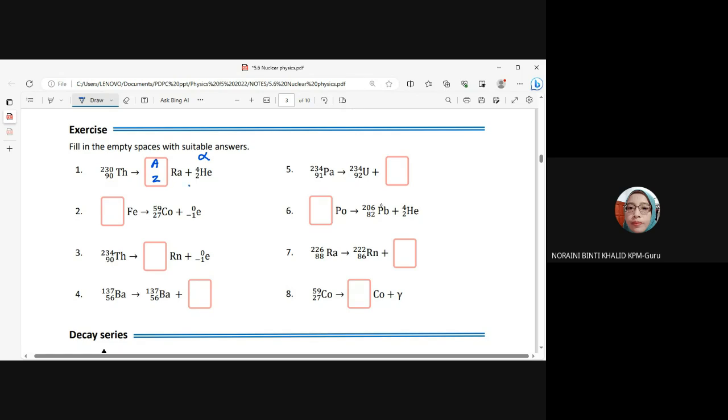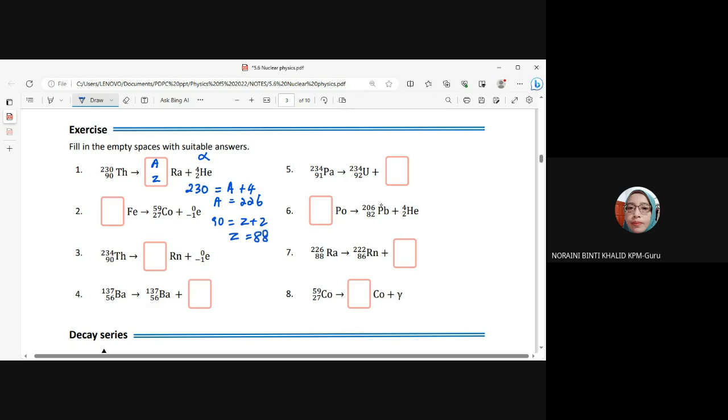For the left side, 230 must be equal to A plus 4. Thus A equals 226. And then for Z, 90 equals Z plus 2. Thus Z is 90 minus 2, 88.